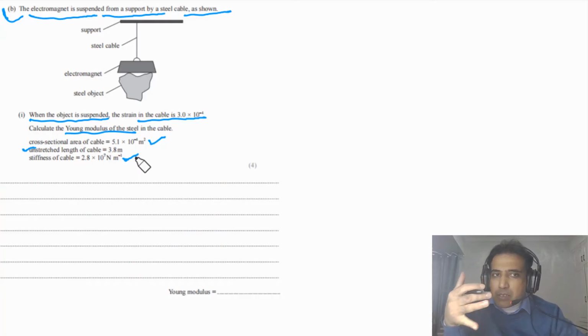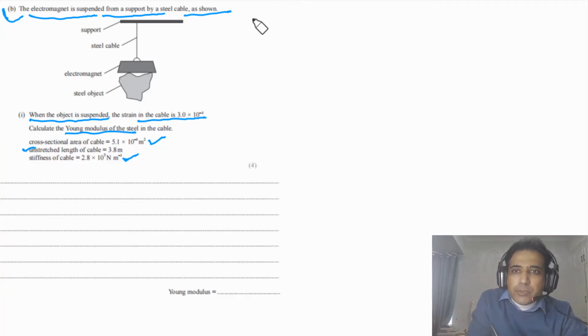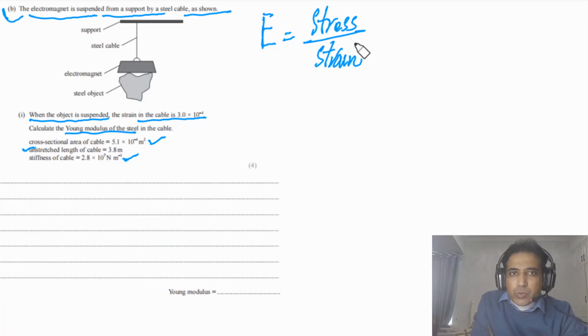So how can we start this? First of all we can write down the formula for Young's modulus. Young's modulus is equal to stress over strain, meaning the ratio between these two quantities.